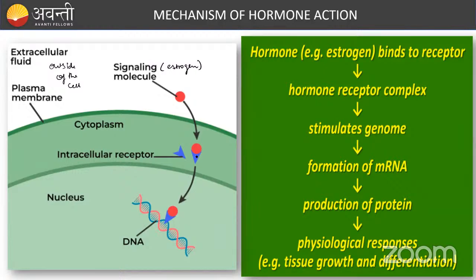It forms a hormone receptor complex. This whole complex enters into the nucleus of the cell, interacts with the genome, interacts with the DNA, leads to transcription, mRNA is formed, then proteins are formed, which lead to physiological responses. I hope this is clear.